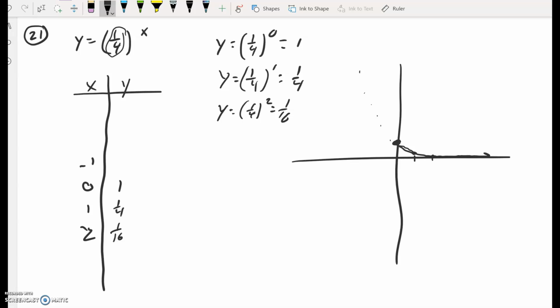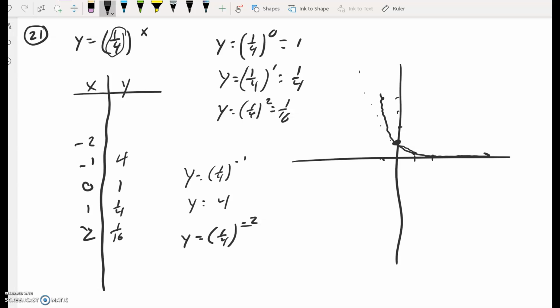Let's put in a -1. So now we have y equals 1/4 to the -1 power. A -1 power means reciprocal. So that's y equals 4. So when we put in -1, this thing should be at 4. Yeah, it's not only climbing high, it's climbing high really, really fast. Let's try one more. We have y equals 1/4 to the negative 2 power.